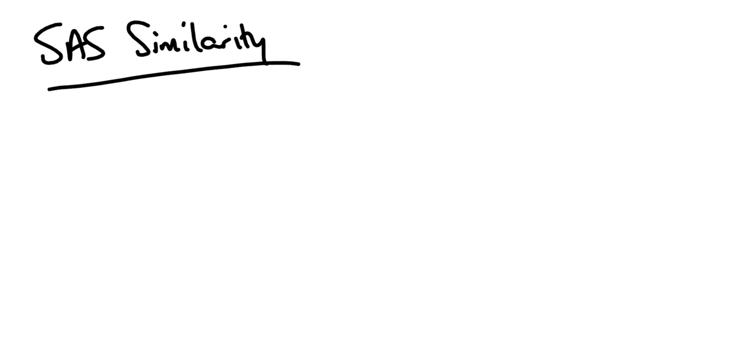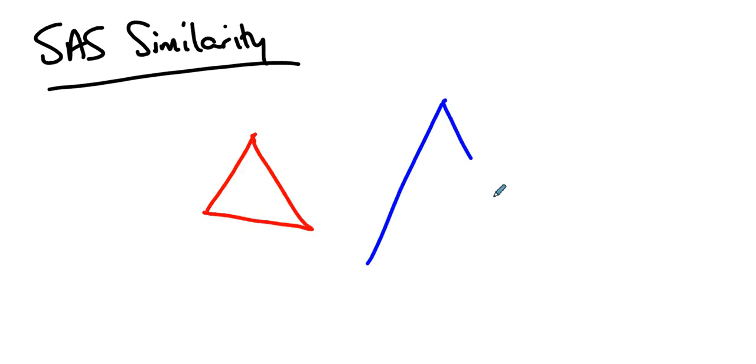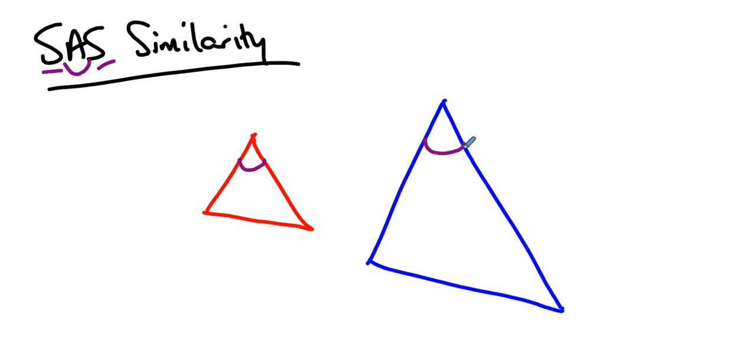There's another way we talk about similarity, and it's called side-angle-side similarity. Well, what does that mean? That means that we know information about two sides and we know information about the angle between them. So we have some angle that's congruent in both, but then we know that the sides are in proportion. What does that mean?